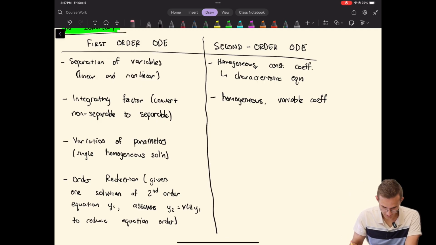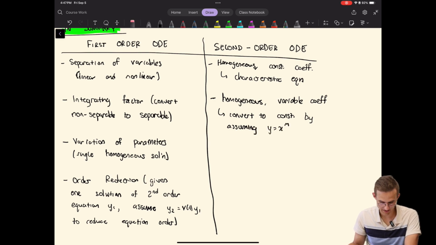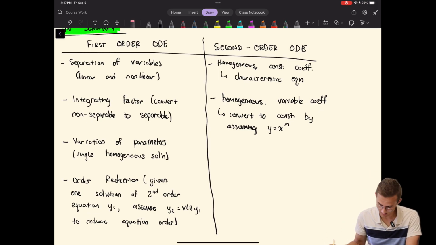What you do there is you convert it to a constant coefficient equation by assuming y is equal to x to the m, raised to some power m. Okay, so that's another thing that didn't get explicitly covered in this lecture. You should still know how to do it. It's less common. I can't remember if you'll see it on your homework, but if you do, again, that's something that shows up in the course notes that are posted on Canvas.